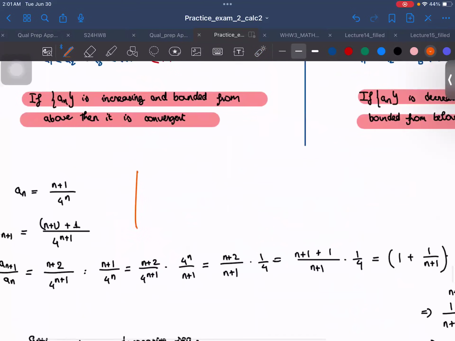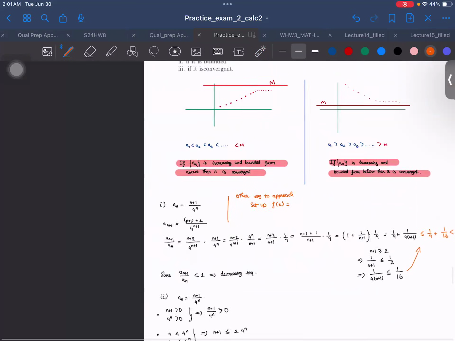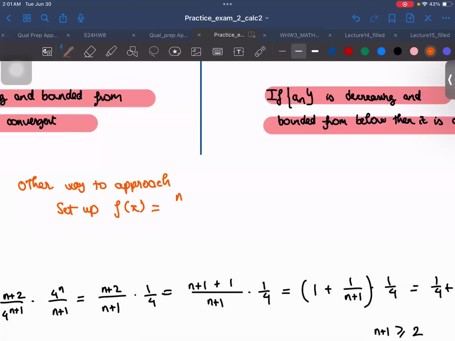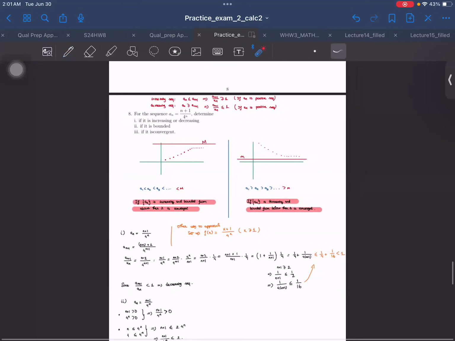The other way to approach is you can set up f of x equal to x plus 1 divided by 4 to the x, where x is starting from 1, because the index of your sequence is starting from 1.